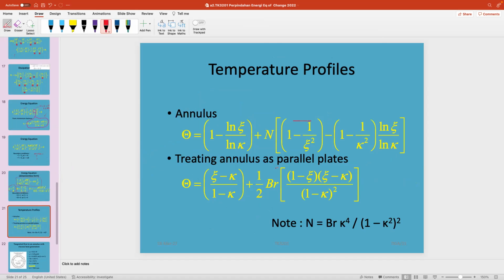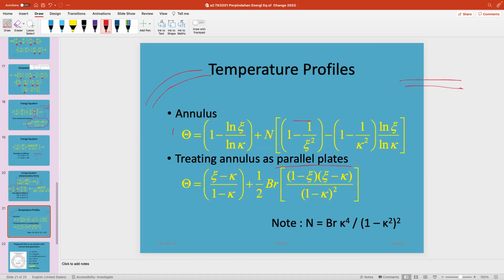Later in the book you can find that if you treat it as an annulus, theta would be this value, while using parallel plates it would be this one.